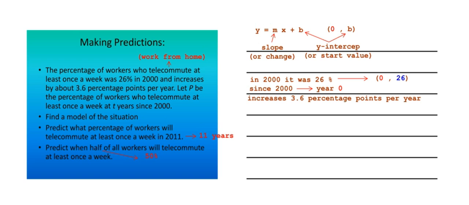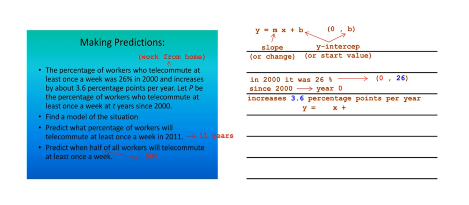Okay, and let's also note that it says that it increases 3.6 percentage points per year. So notice that that would be defined as our slope or the change. So what is it doing? It's increasing, it's changing at 3.6 percentage points per year. Okay, so therefore let's start with our basic formula format. y equals something x plus something, mx plus b, right?